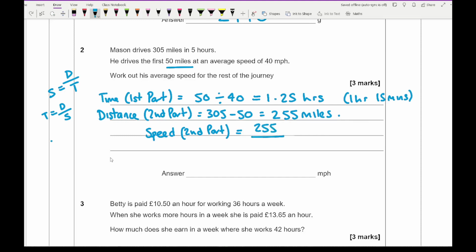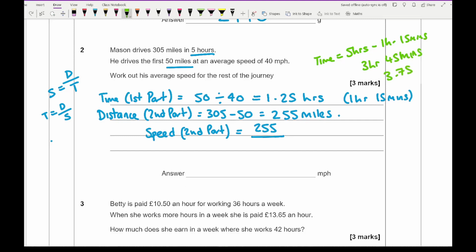So the total trip took 5 hours. So for the time, it's going to be 5 hours minus 1 hour and 15 minutes, which gives me a time of 3 hours and 45 minutes, or as a decimal, 3.75.